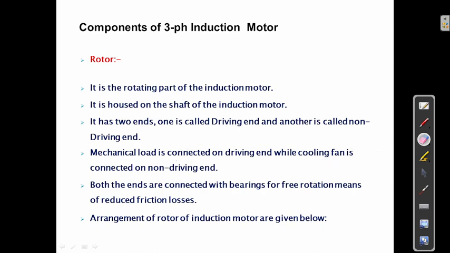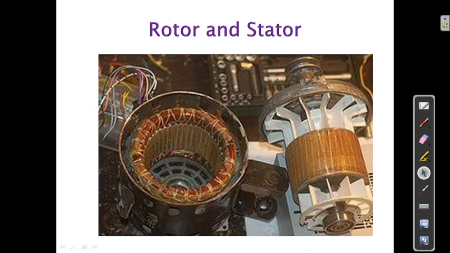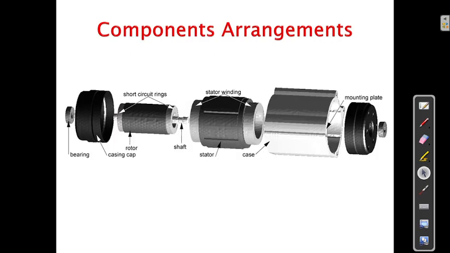Then both the ends are connected with bearings for free rotation, to reduce the friction losses. This arrangement we will see here. This is the rotor arrangement and stator arrangement. Then these are all the component arrangements inside the three-phase induction motor.